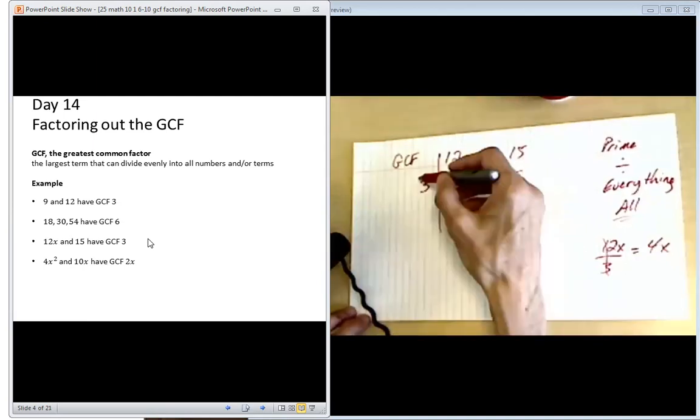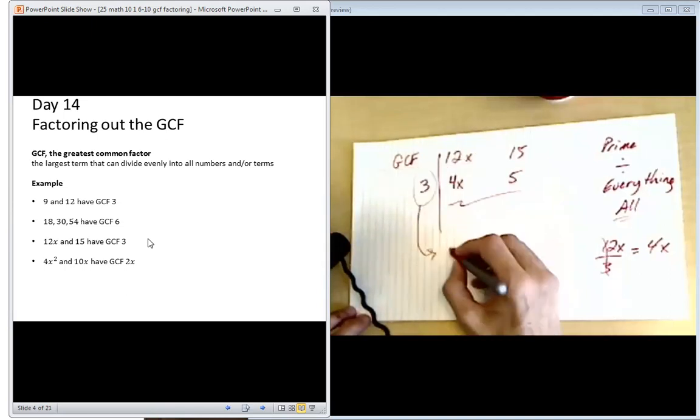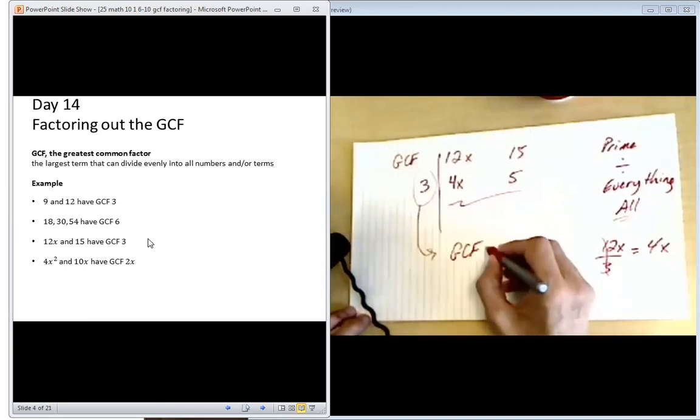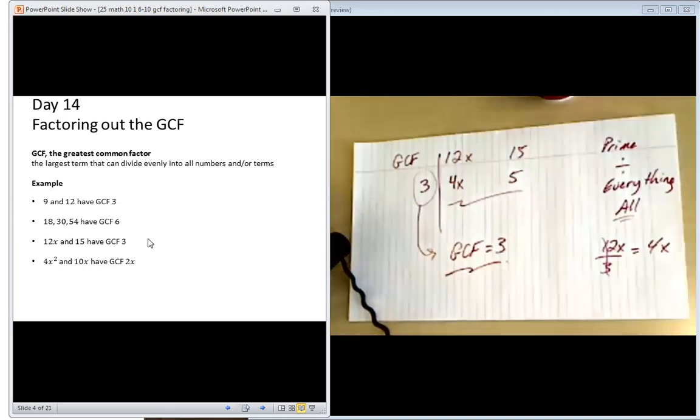Okay, so the GCF in this situation, 3 like that. Yeah. Now notice the last one has x's in it, right?